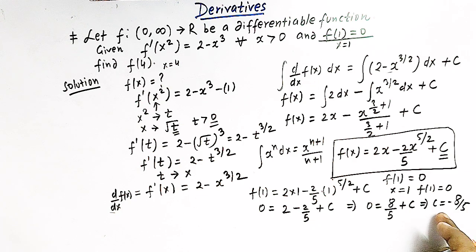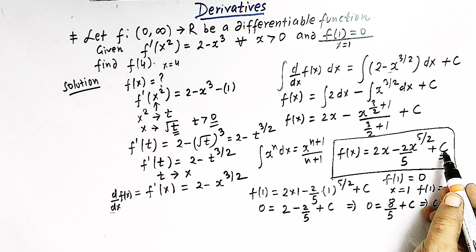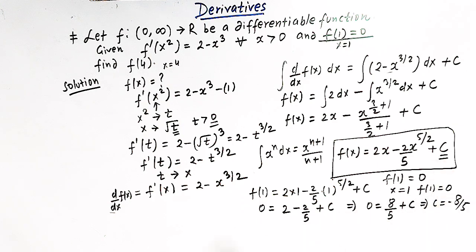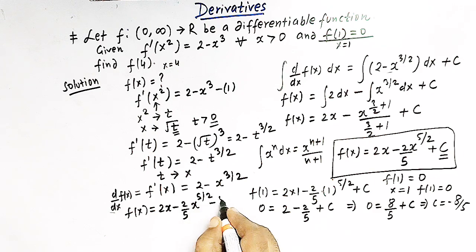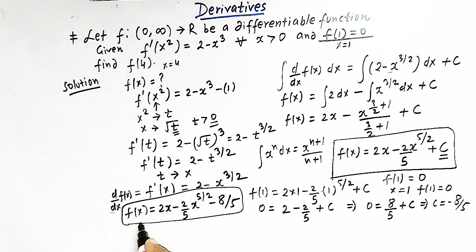So taking this value of c equal to minus 8 over 5 into this expression, we have f of x is equal to 2x minus 2 over 5 x raised to 5 over 2 minus 8 over 5. So this is the required function f of x.